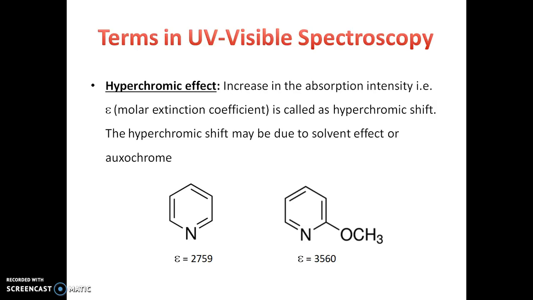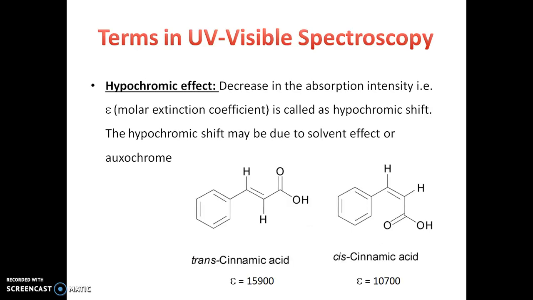When an auxochrome like OCH3, methoxy, is attached to the pyridine, the epsilon value increases to 3560. So there is an increase in the absorption intensity due to attaching the OCH3 group. It is called a hyperchromic effect.